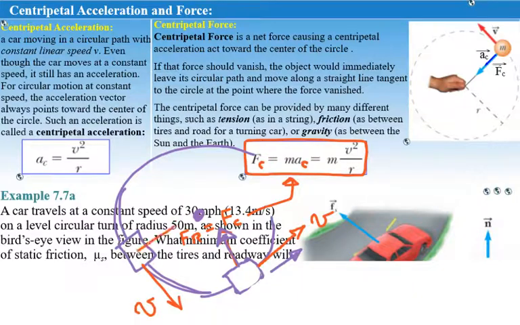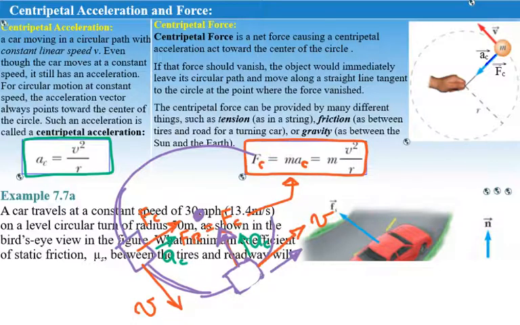Velocity is always perpendicular to the centripetal force, and centripetal acceleration is always toward the center. Centripetal acceleration has a formula on its own as well. It's not the change of the velocity over the time. It is velocity squared over the radius of curvature of the curve that the object is moving on.